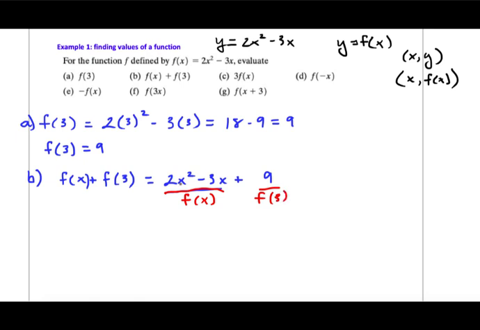And so I just get this expression: f of x plus f of 3 is equal to 2x squared minus 3x plus 9.